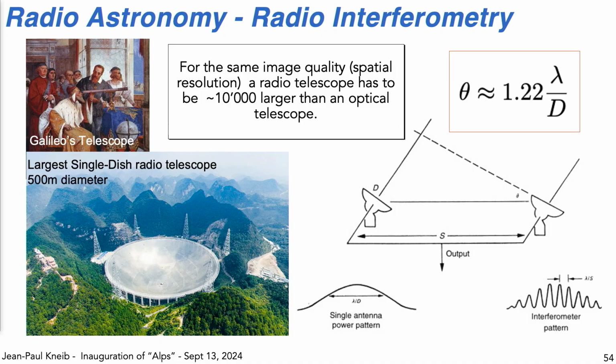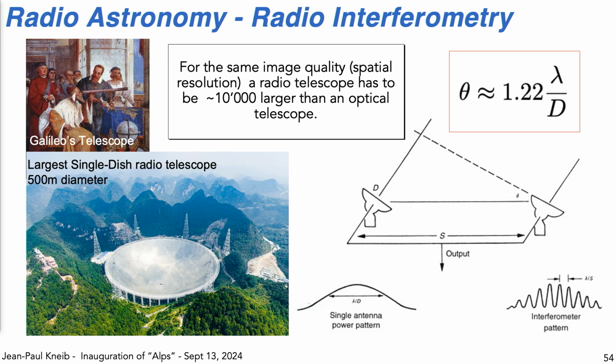Typically, if you compare a radio telescope to an optical telescope, you have a factor of 10,000. So basically, the biggest radio telescope on Earth that you see here, 500 meters in diameter, is similar to the Galileo telescope for seeing through the universe. So that's not exactly what you need to make discoveries in radio waves.